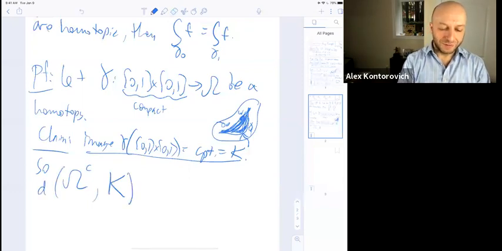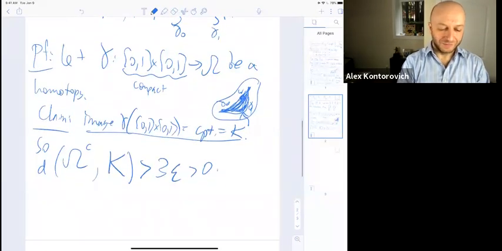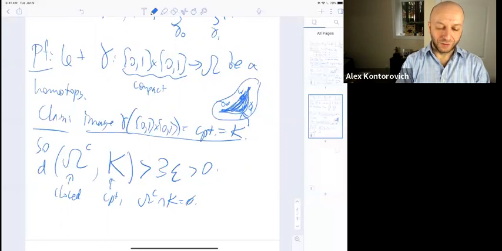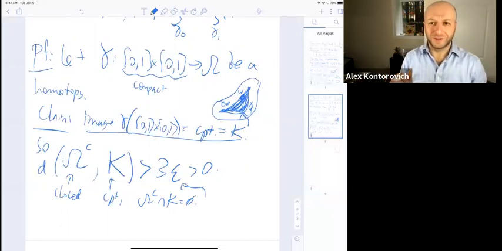So the distance between these things is positive. Let's call it 3 epsilon. Okay, this is closed, this is compact, and the intersection is empty. So there's a distance between them. Do we need to review that? We've used this before. This is a standard argument.